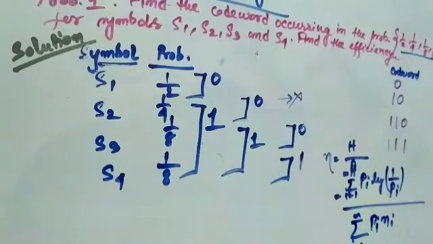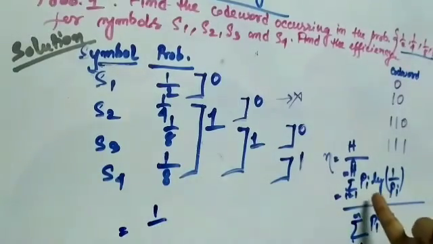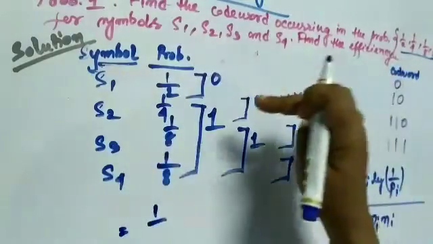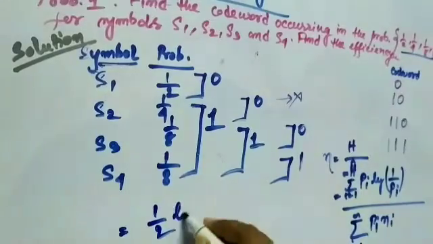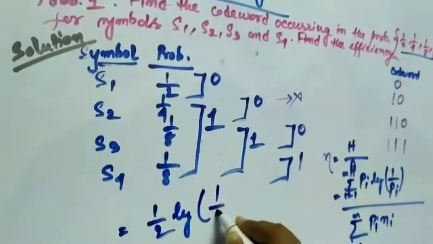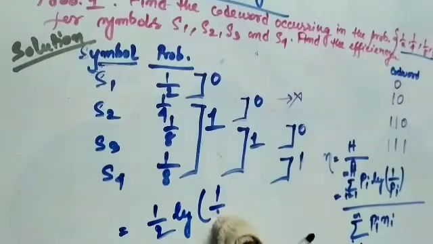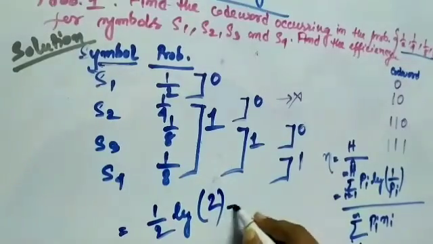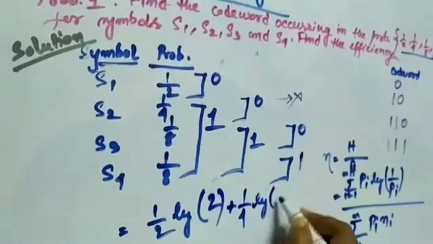After putting in the values, we get, for S1, P1 will be half into log of 1 by half, that means log 2. Plus the second one will be 1/4 log 4.